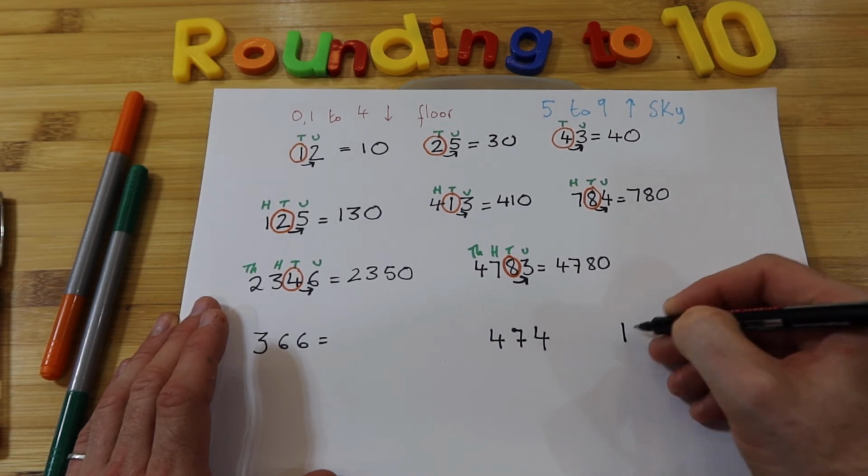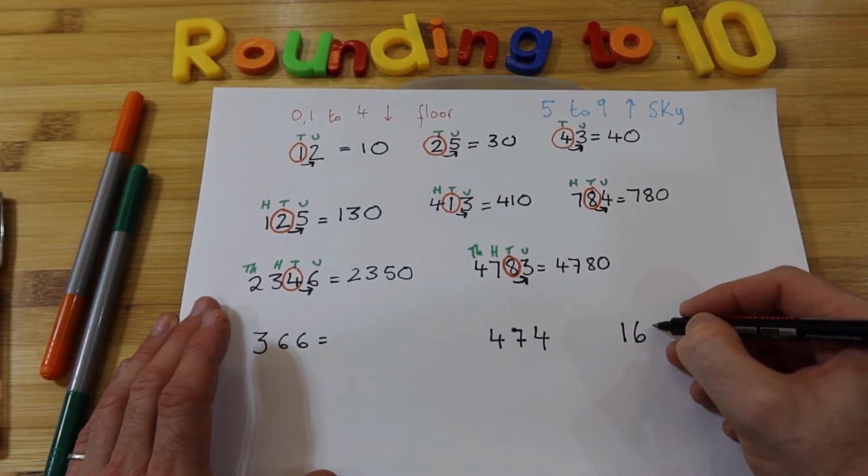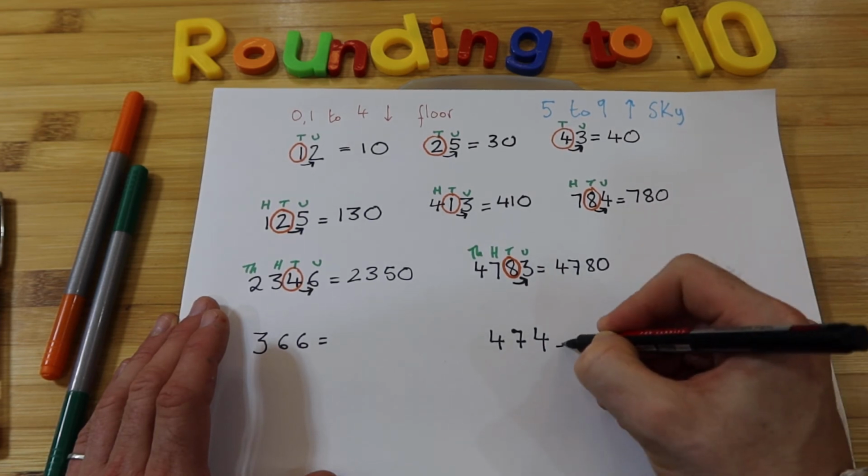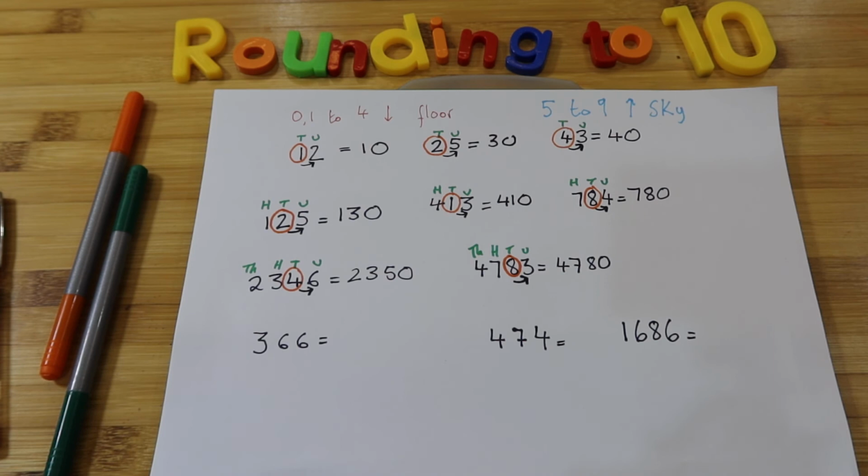And let's do this one. 1,686. Okay, so you can pause that now if you want and try and answer that. Okay, and if you are struggling, please write a comment and I can do some more. Okay, so you pause it now if you want, and then we'll go through it.